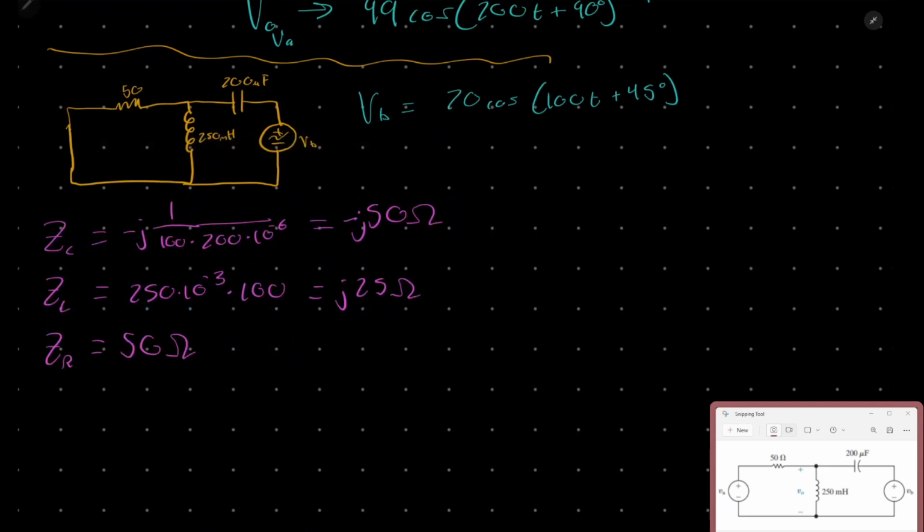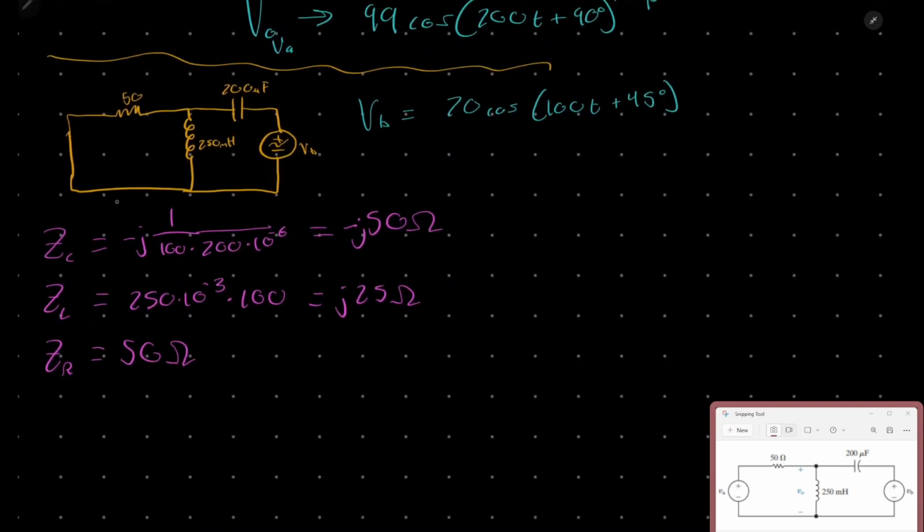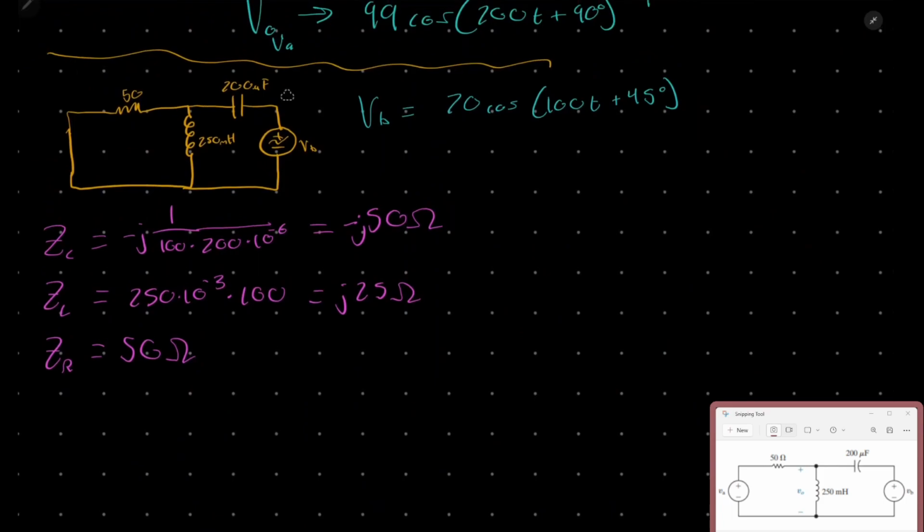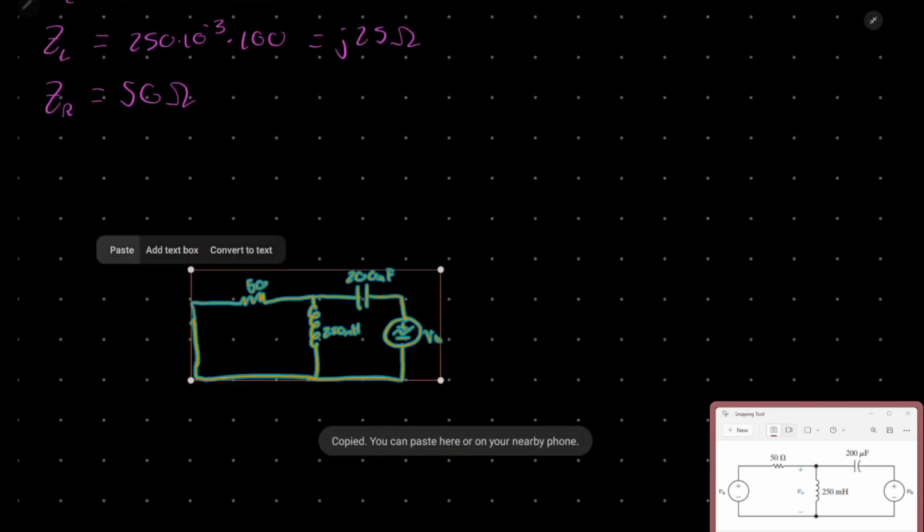So now, if we look at our circuit right here, we see that our resistor and our inductor are actually in parallel. So what we can do is do a parallel combination to combine those two devices.